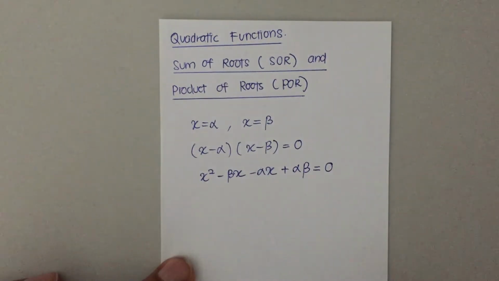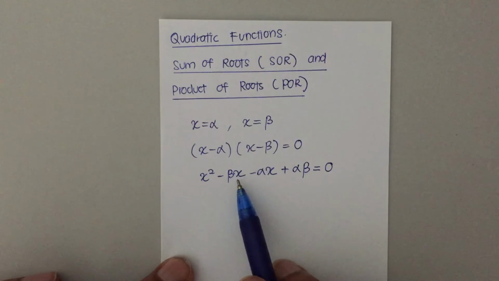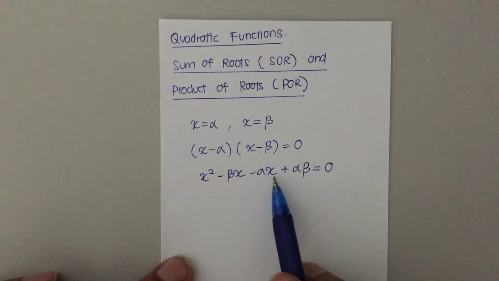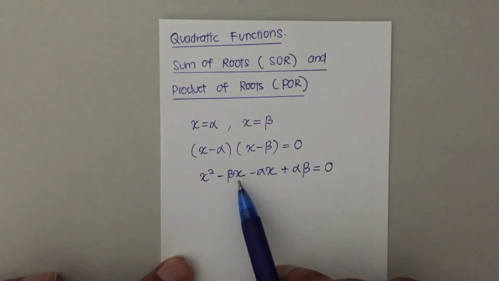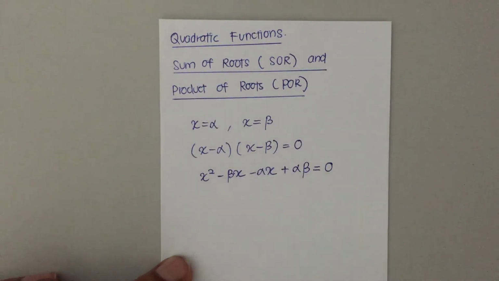From here, what you can do is group negative beta x minus alpha x into a single coefficient of x, and then factor out the negative.